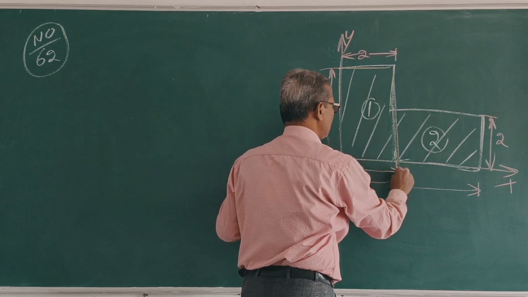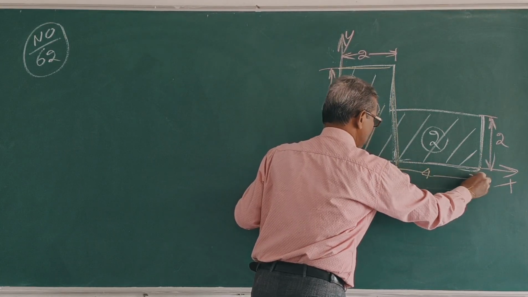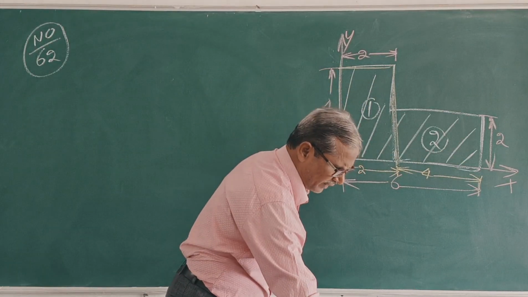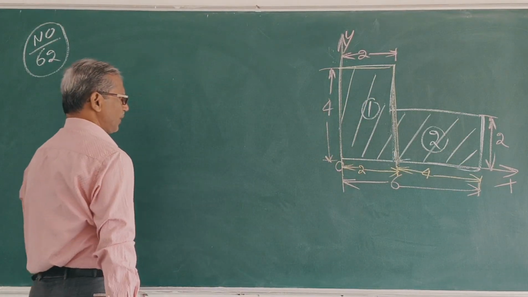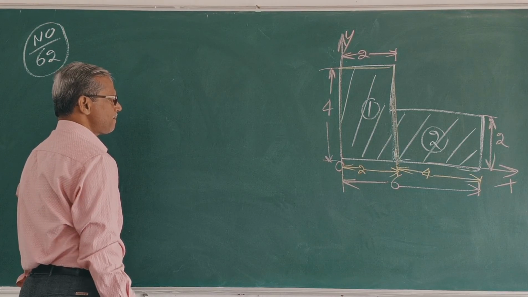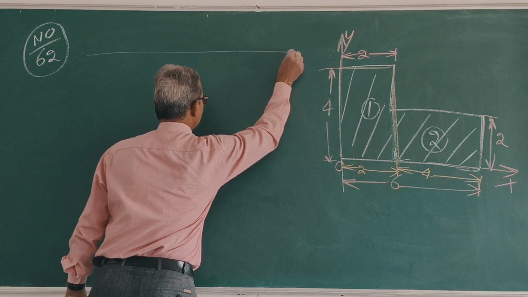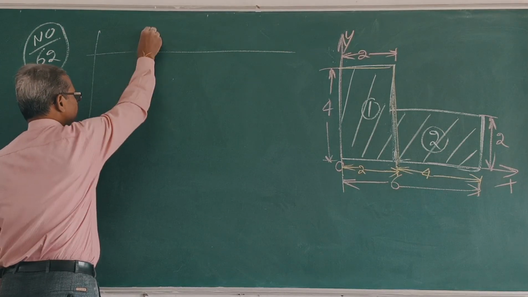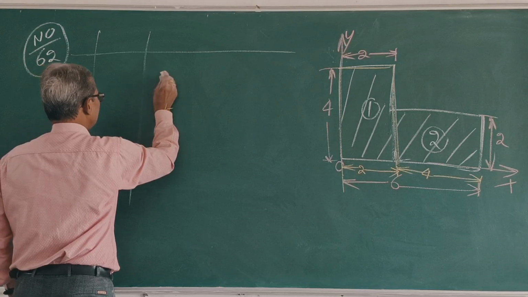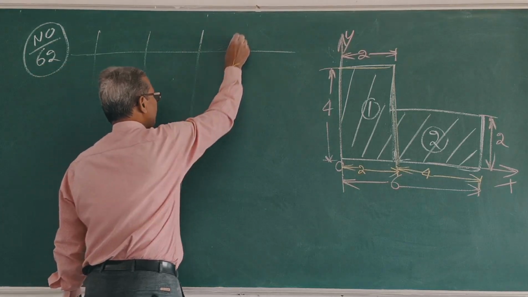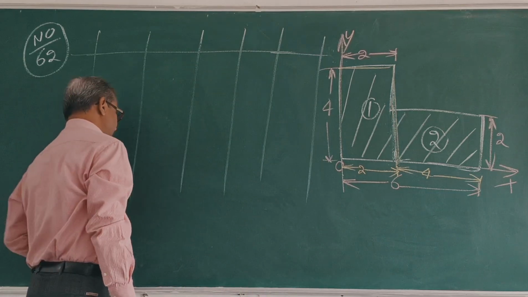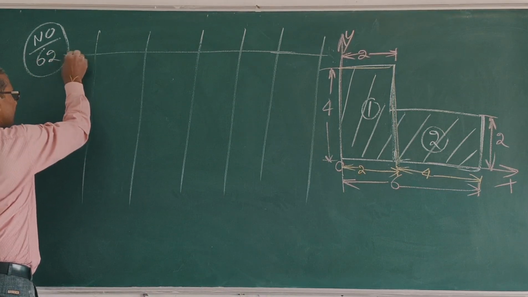For 2, this is 4, this is 2. Clear? So make a table.